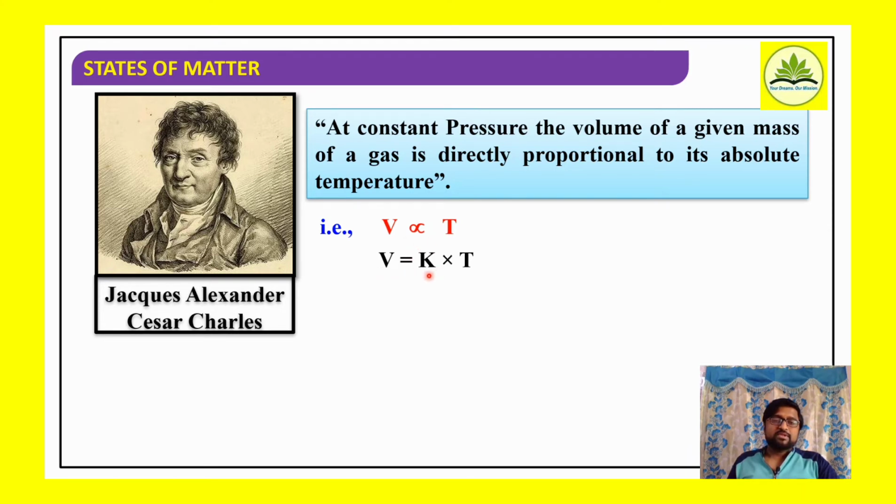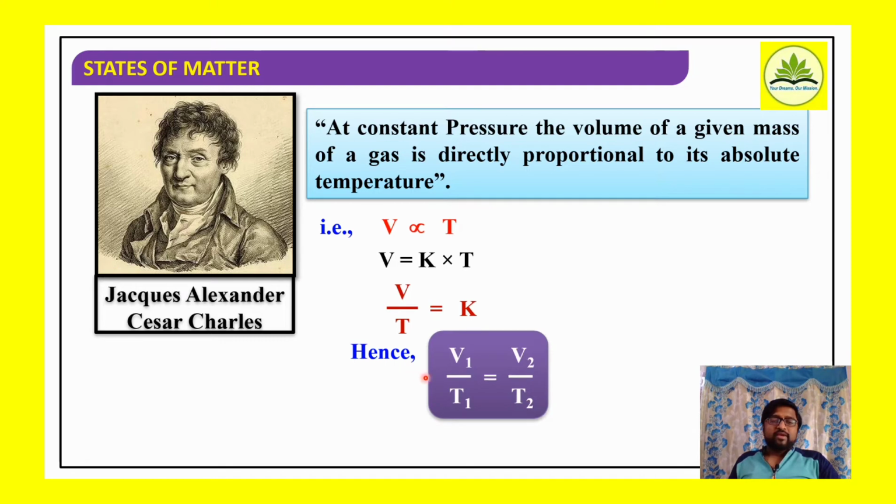This proportionality symbol can be replaced by a proportionality constant. So V is equal to K into T, or V by T is equal to a constant. Here V indicates the volume of the gas and T indicates the temperature, and the ratio V by T will be equal to a constant at a particular pressure. So V by T is equal to K, a constant.